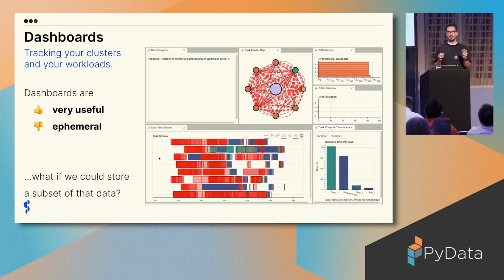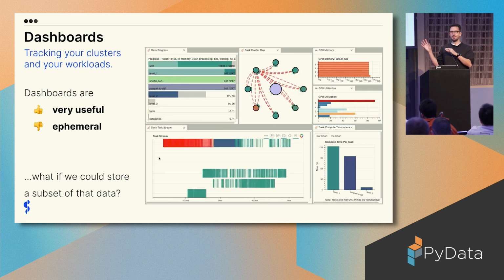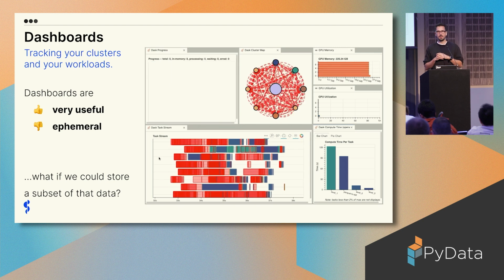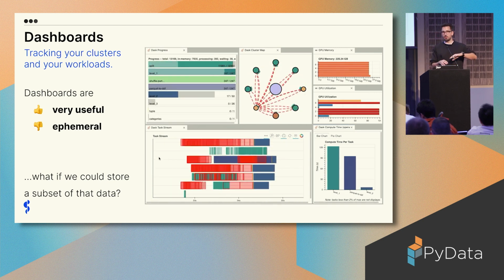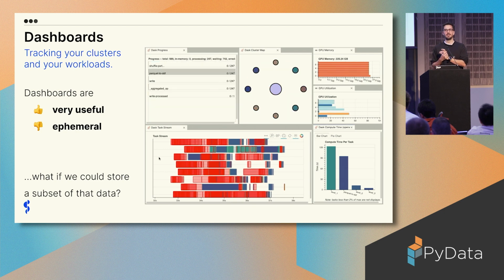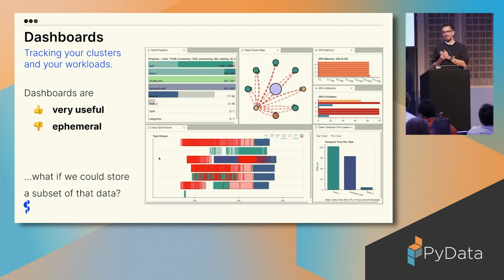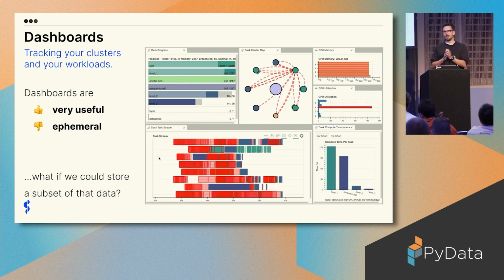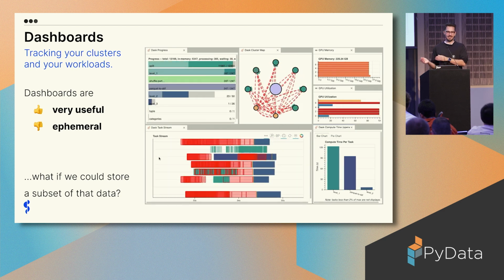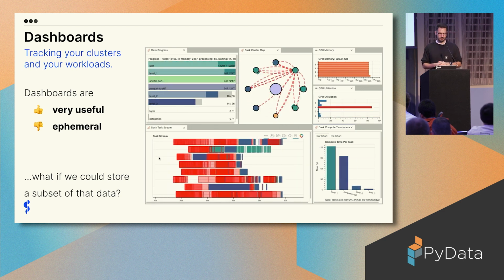The downside is, while that is very useful if you look at the right moment, these plots are all ephemeral, which means we don't store any of that data. It's just a real-time representation of what's happening. So if you don't look at the right moment, and I suspect nobody looks at their production workload at 3 a.m. on a Saturday morning, you miss what's happening.